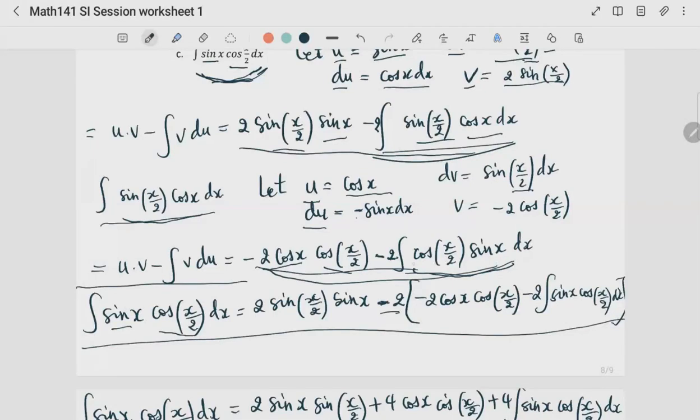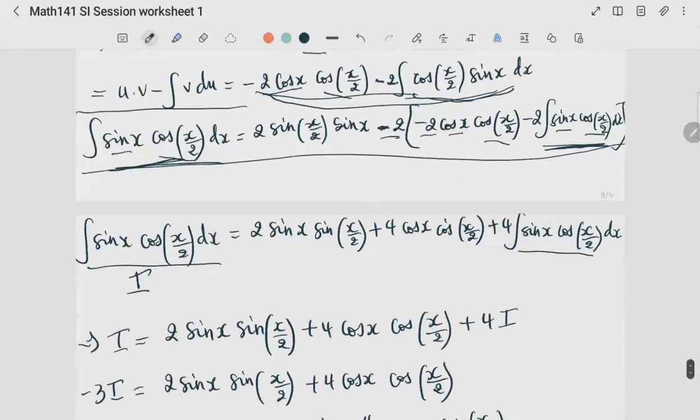So we multiply the 2 by the entire expression that we found here. That would be negative 2 times negative 2 cos x times cos x over 2, minus 2 times the integral of sine x times cos x over 2 dx, which is the same as the original.